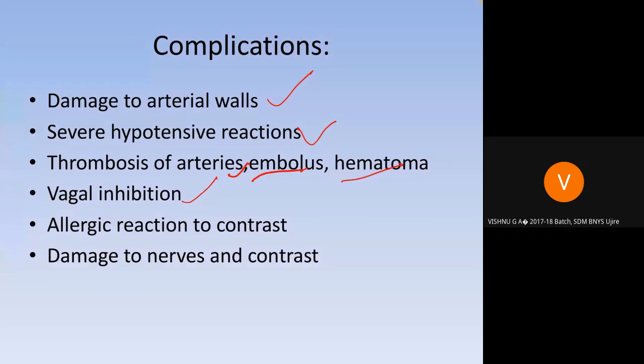Bradycardia. Okay. How do you stimulate vagal now? How can you stimulate?